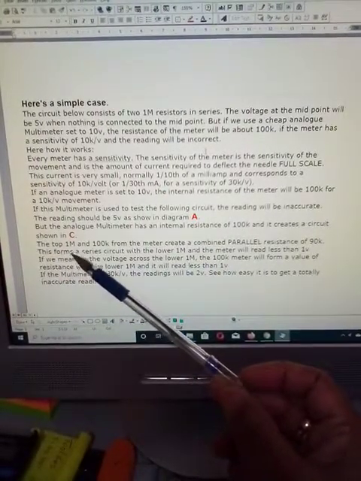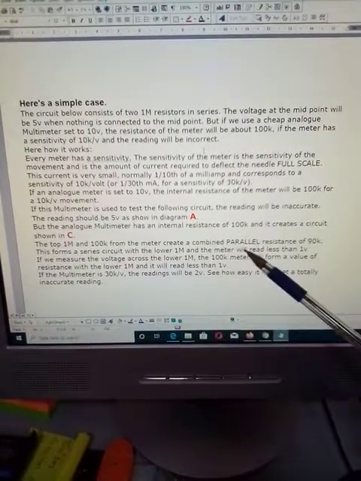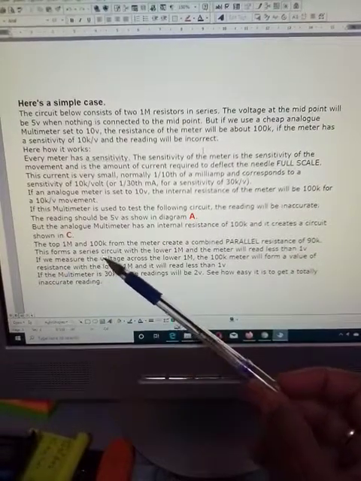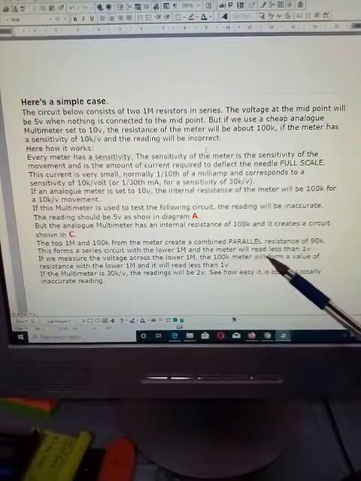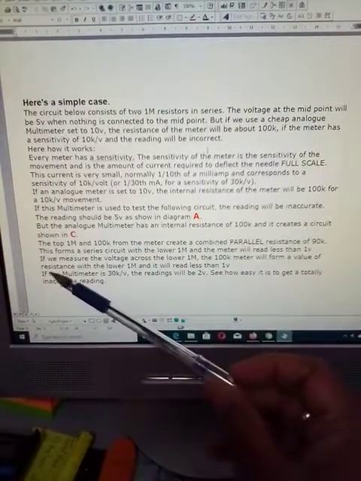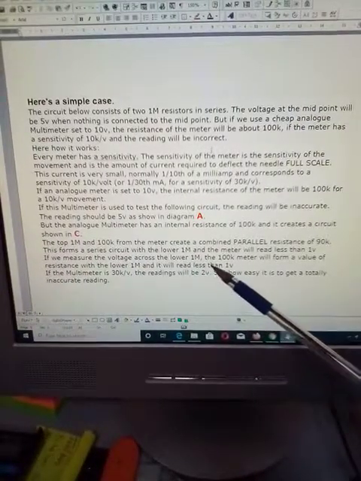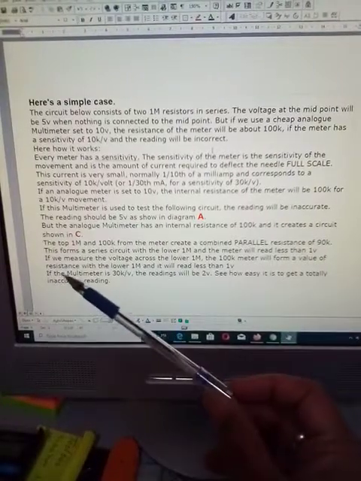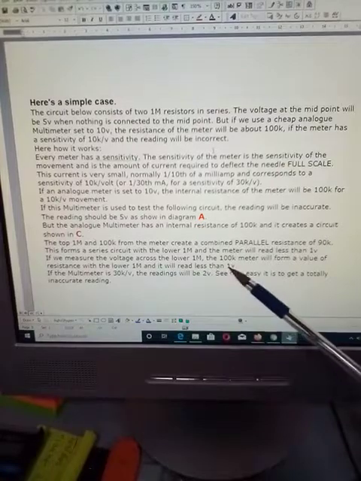The top 1 megohm and the 100K from the meter create a combined parallel resistance of 90K. This forms a series circuit with the lower 1 megohm, and the meter will read less than 1 volt. If we measure the voltage across the lower 1 meg, the 100K meter will form a parallel resistance with the lower 1 meg, and it will read less than 1 volt.